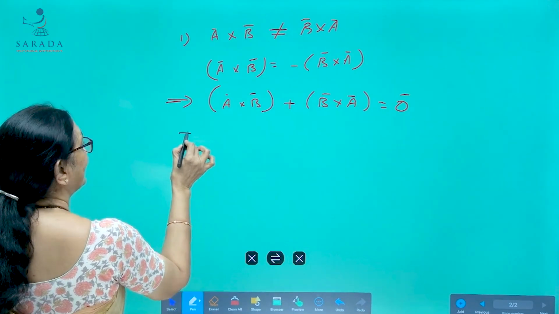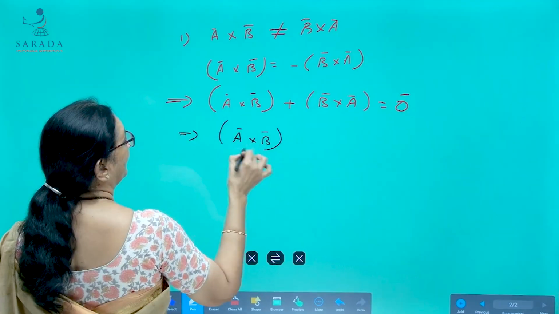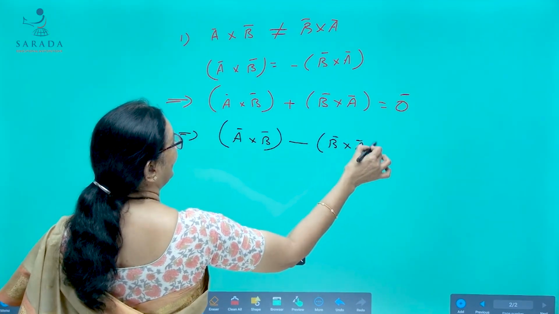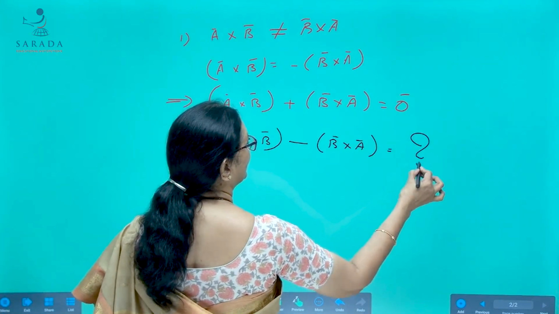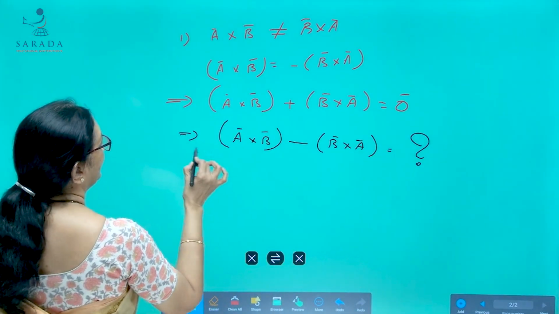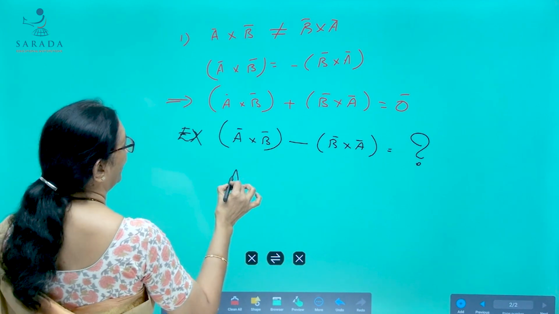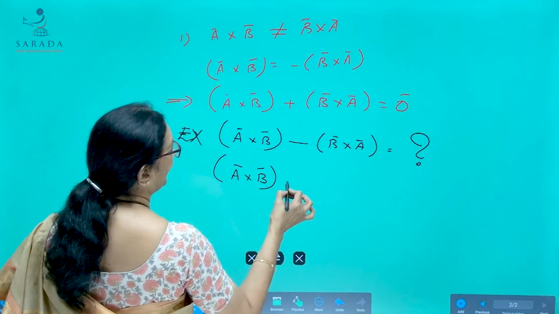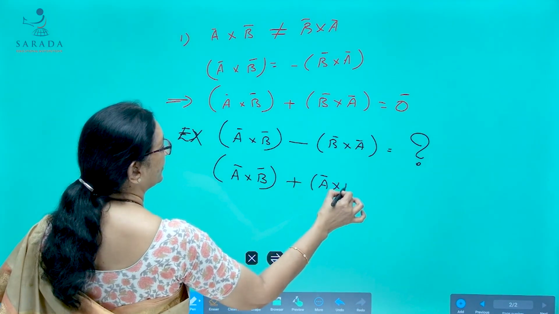And another question given is A cross B minus of B cross A, how much? This is another question I asked you. Look here, this is just another example I am giving. A bar cross B bar minus of B bar cross A bar is nothing but plus A bar cross B bar.